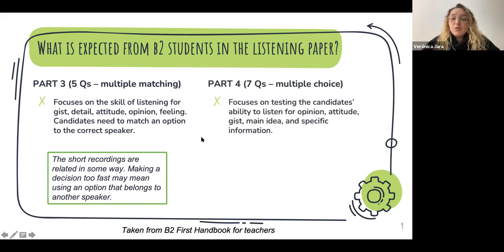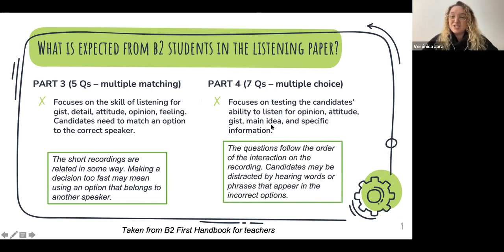And then in part 4, the last part, we have 7 questions, multiple choice, and it's quite similar in the sense that they have different options to choose from, and similar to part 1. And in this case, they focus on, again, opinion, attitude, gist, main idea, and specific information.